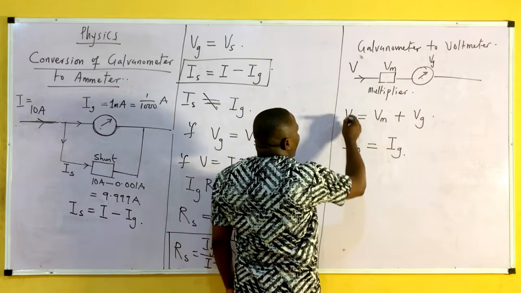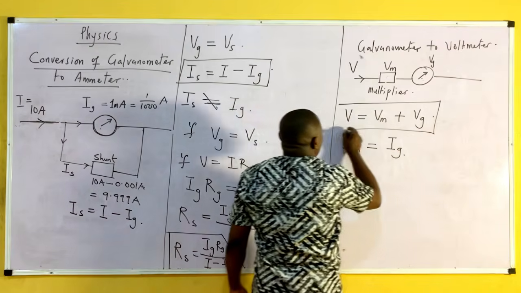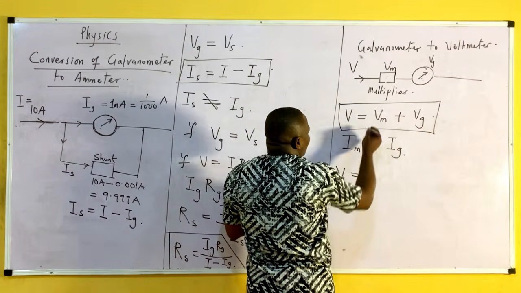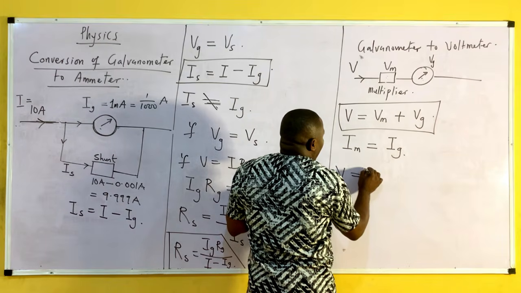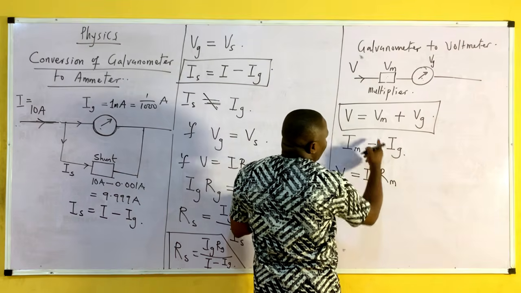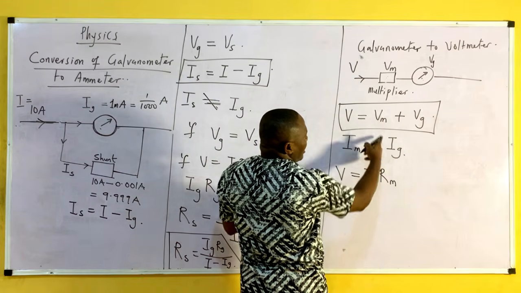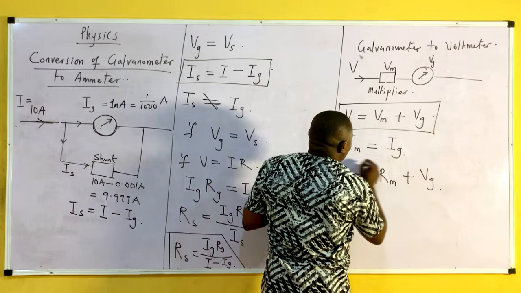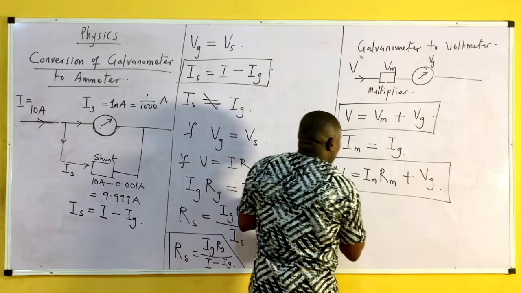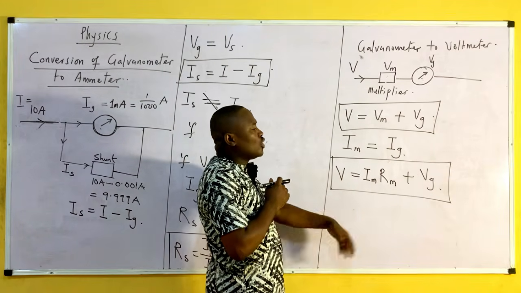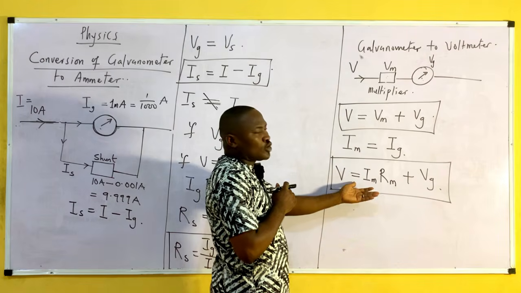So from here, I will use this formula now to solve. My V total is equal to I multiplier times R multiplier, because V equals I arrow and I'm dealing with the multiplier, then plus my VG. Whatever the question asks you, you can use this relationship to keep going down and solve your unknown.